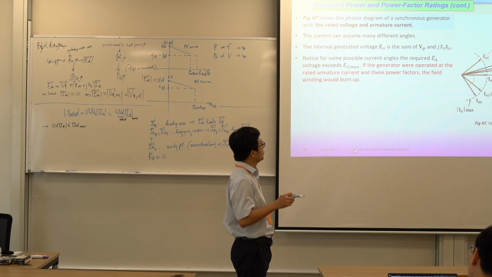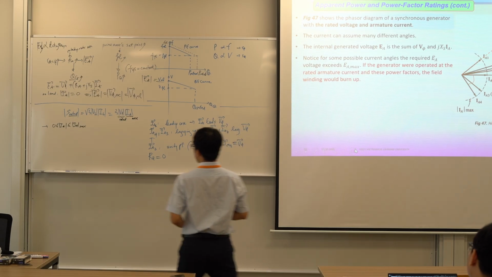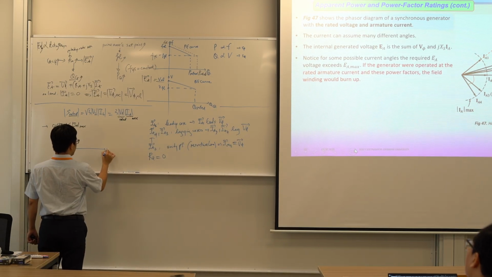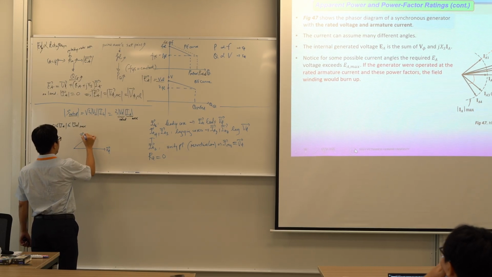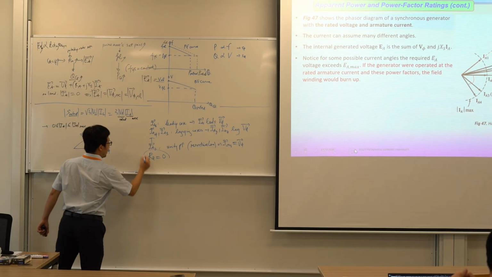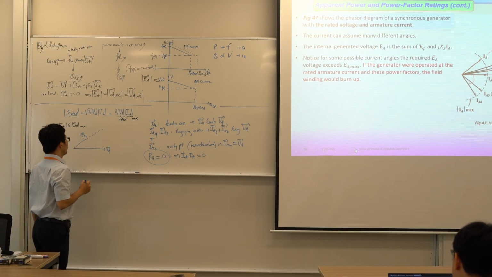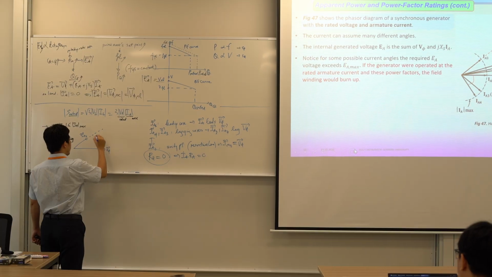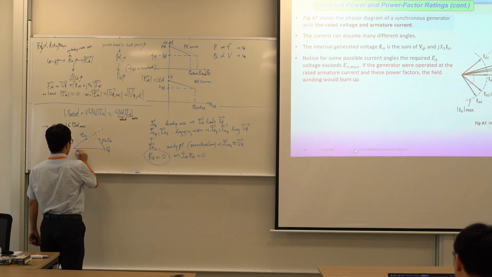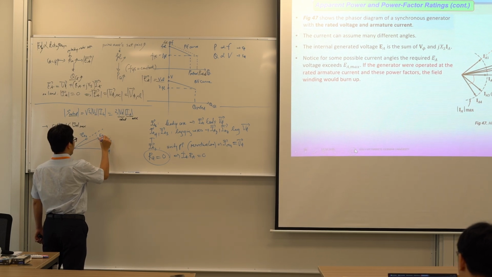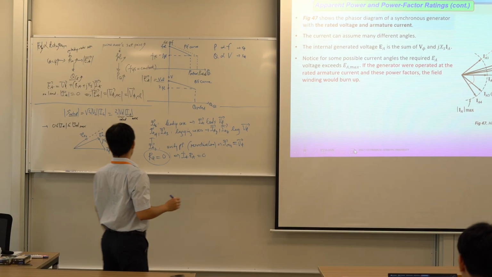So for IA1, we have the phasor diagram. This is V phase, and this is IA1. Because RA is 0, that means RA times IA is 0. So you get this one as jXS IA, and here we can get EA1. What is EA1?